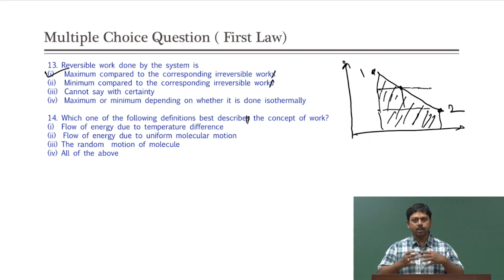However, if it is work, then the molecules have to move in a certain direction in order to expand the system from one size to another. So, therefore, I would go with this answer: flow of energy due to uniform molecular motion.